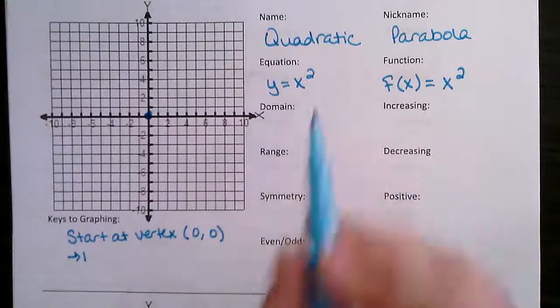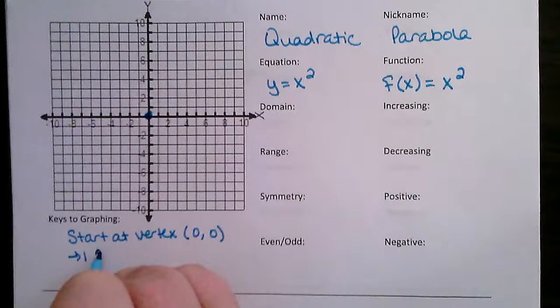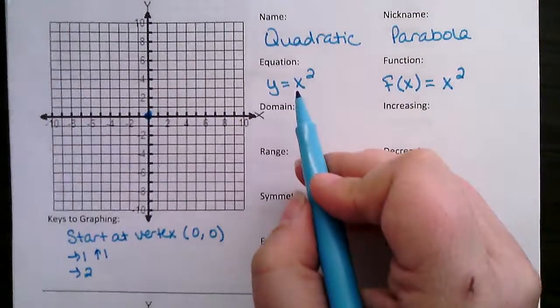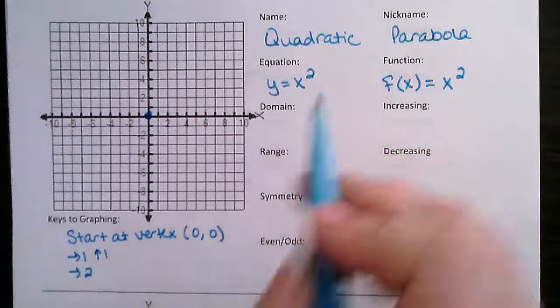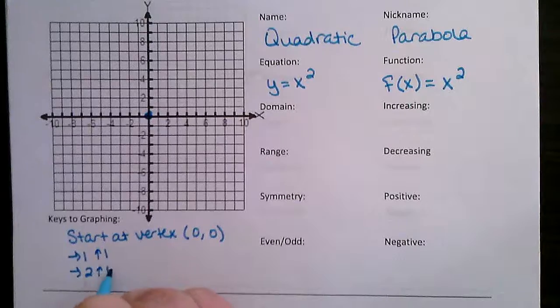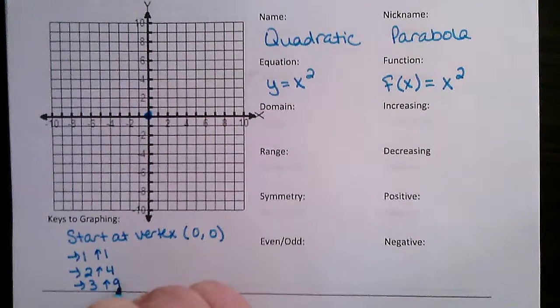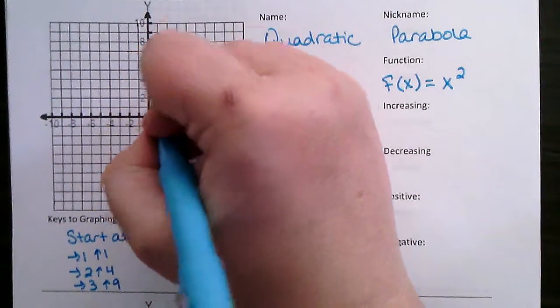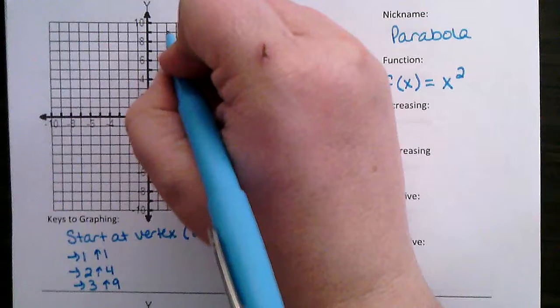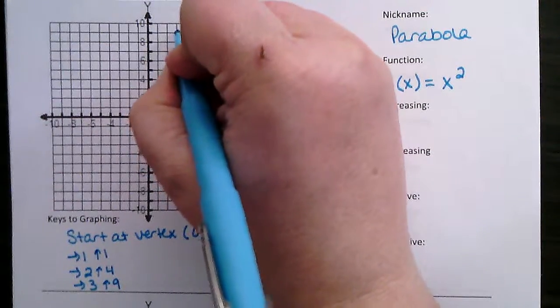So 1 squared would be 1. So a positive 1 would make it go up 1. Then if I went over 2, if I put 2 in here, 2 squared would be 4. And if I put 3 in here, 3 squared would be 9. So over 1, up 1, over 2, up 4, and over 3, up 9. Let me make sure I got that on there.